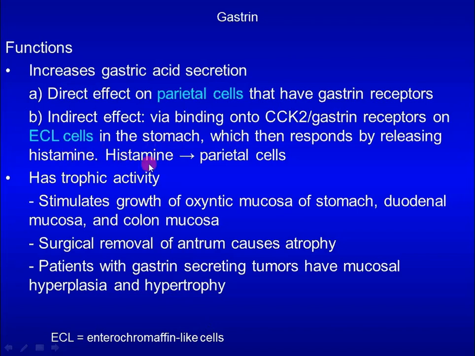Histamine acts on parietal cells and stimulates acid secretion. Gastrin also has a trophic effect. It stimulates growth of oxyntic mucosa of the stomach, duodenal mucosa, and colon mucosa.